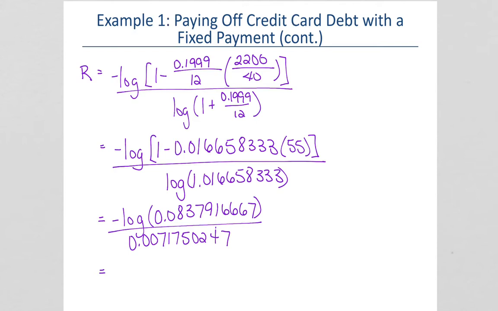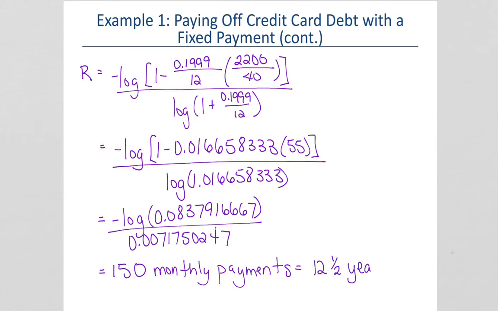Don't forget about the negative there on top. And we get 150 monthly payments. To make that make a little bit more sense, that would be 12 and a half years.